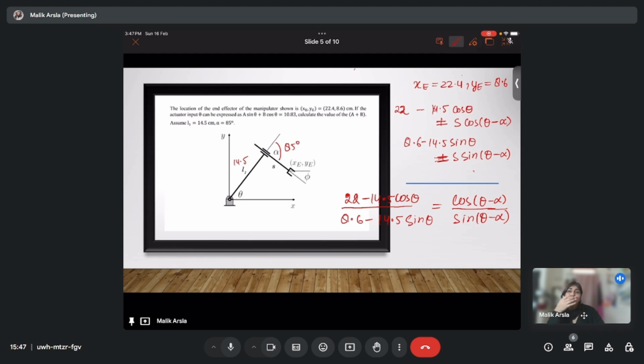So you can express this in terms of a dash sine theta plus b dash cos theta is equal to c dash. You have to basically expand cos of theta minus alpha. You know the identity for cos of a minus b and sine of a minus b, so you can use those and expand it.